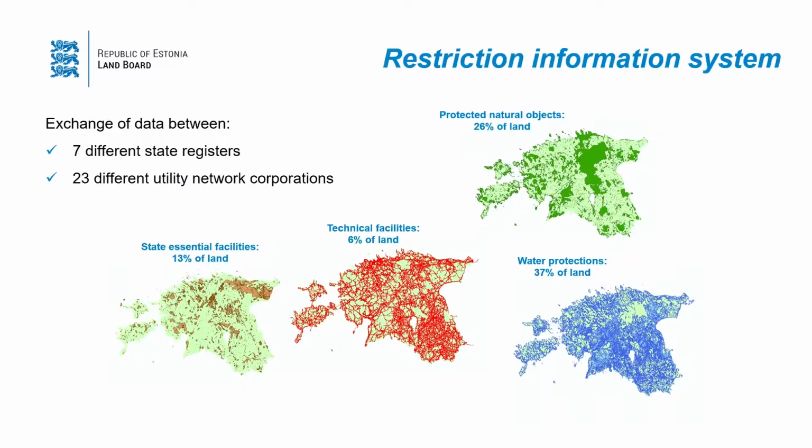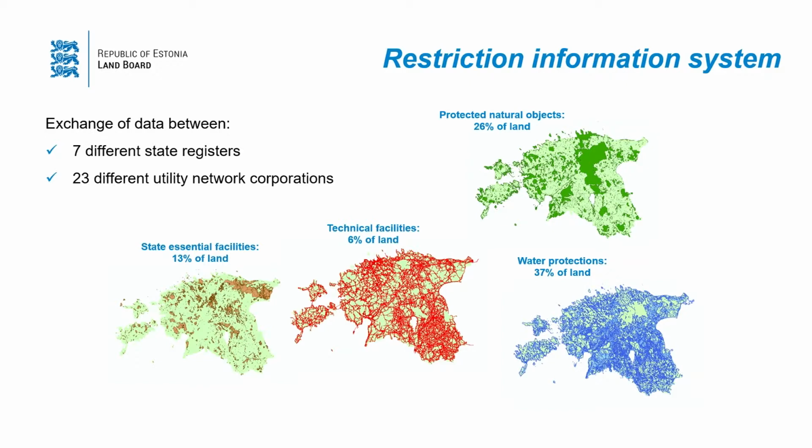But it's the biggest part of our info system because there are very many power lines and all other technical infrastructures. And of course, some state essential facilities like military objects, and planning and restrictions.